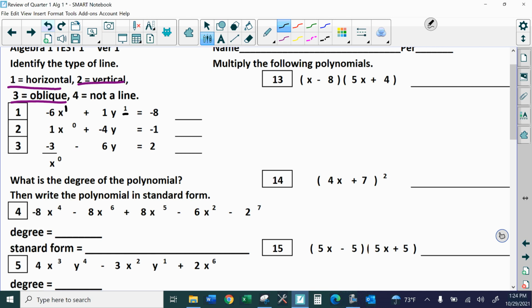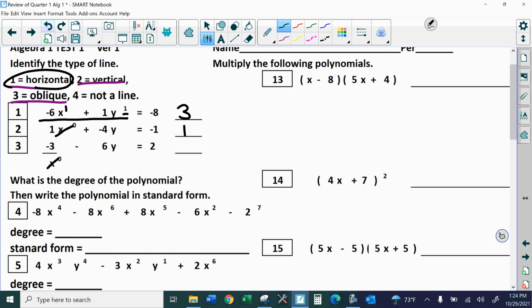If there's both an x and a y in it, such as number 1, with an exponent of 1, which it is, that is oblique. Remember, x to the 0 really means 1. So 1 times 1 is 1. That's just a constant now. I can subtract that across. So I have y equals a number when I solve for y. Y equals a number is always a horizontal line. So that's number 1.